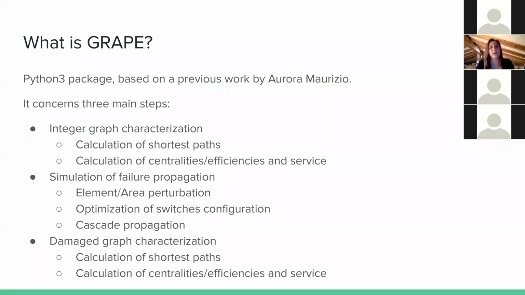GRAPE is a Python package. It is based on a previous work by Aurora Maurizio, a former MATLAB member, and it consists of 3 main steps. Now, the first step is the graph characterization.